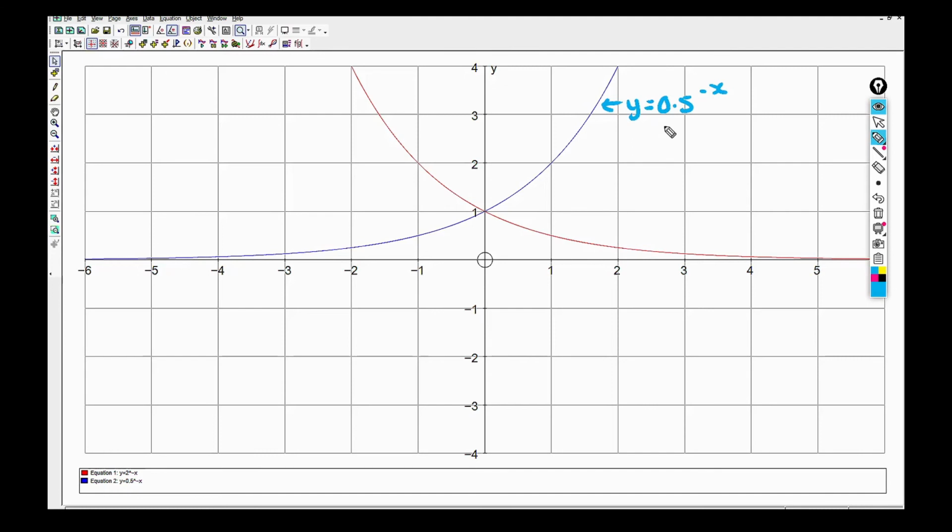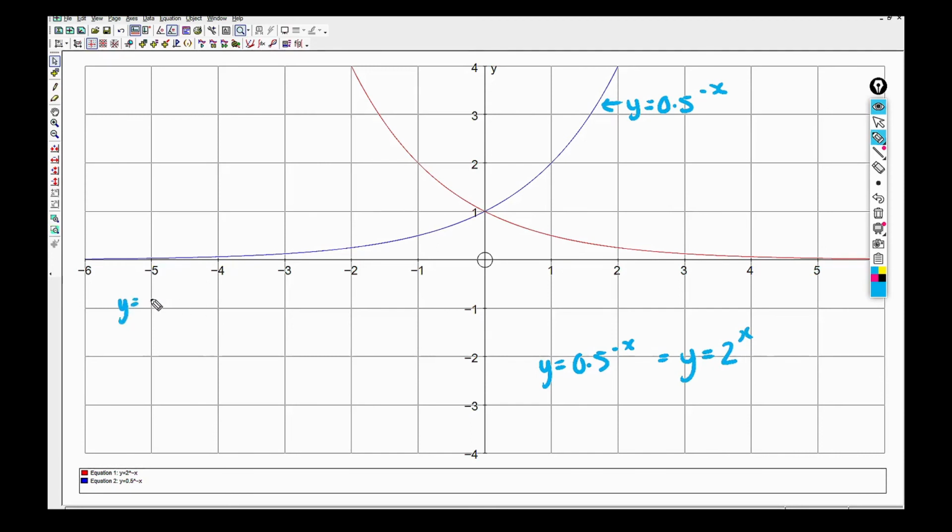So you can see that when your base number is less than 1, it's then reflected back. You could see here that y equals 0.5 to the power of minus x is actually the same graph as y equals 2 to the power of positive x. Now, if you're not too sure about how that happens, it works when you look at actual values.